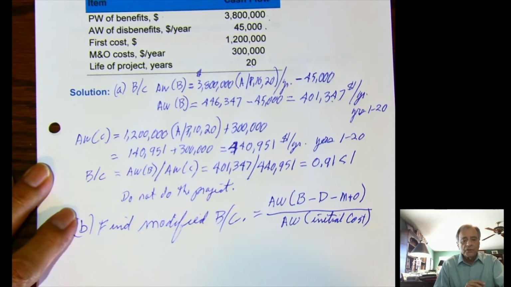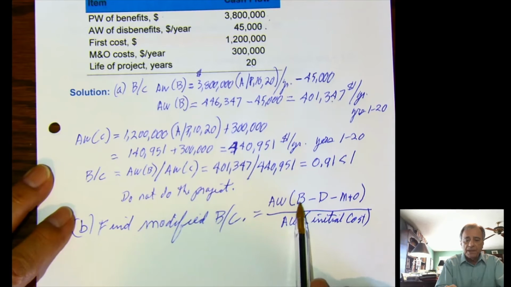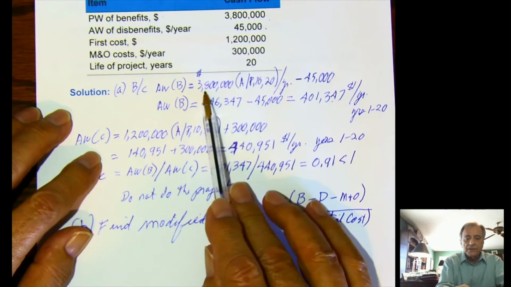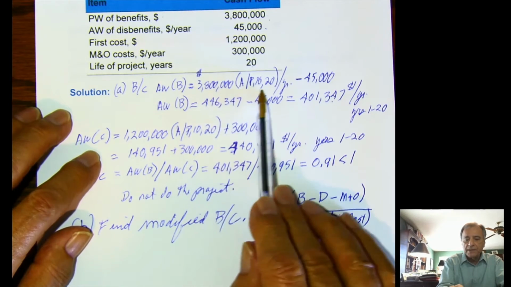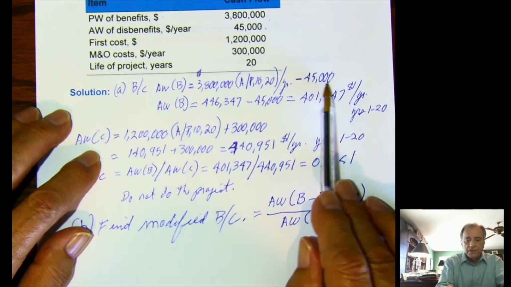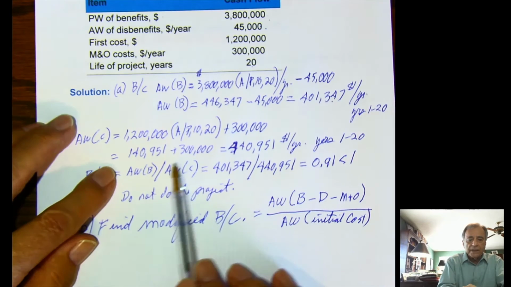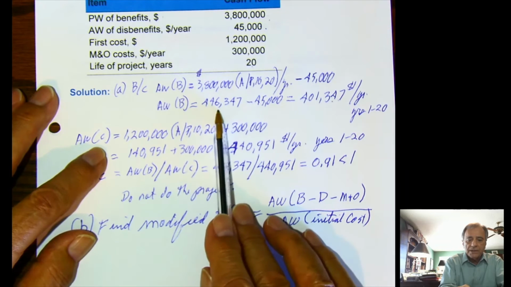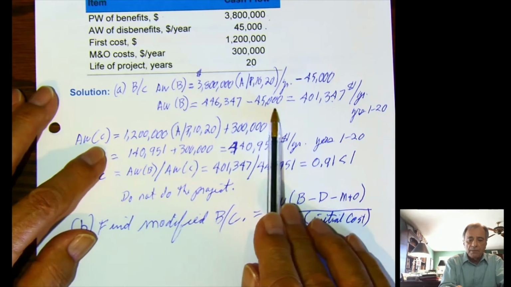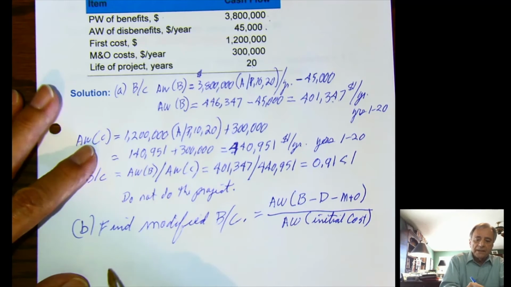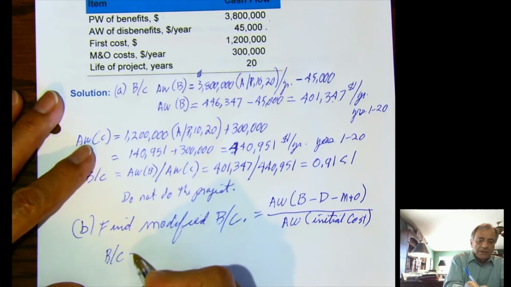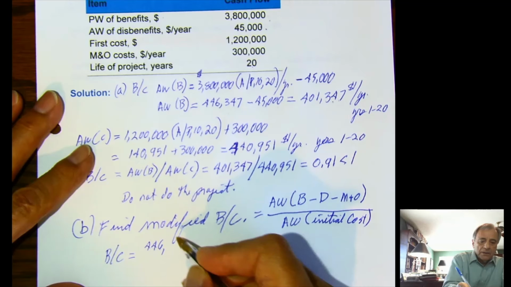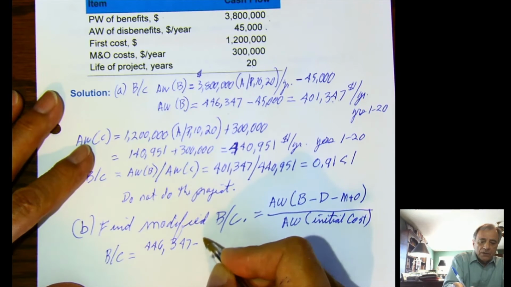Okay, so let's look at the annual worth of the benefits minus disbenefits minus M&O. Well, remember our benefits was 3.8 million times A given P, and the disbenefits was 45. So we ended up with this product here, which was 446,347 minus the 45. So we'll put that here. BC will be equal to 446,347 minus 45.